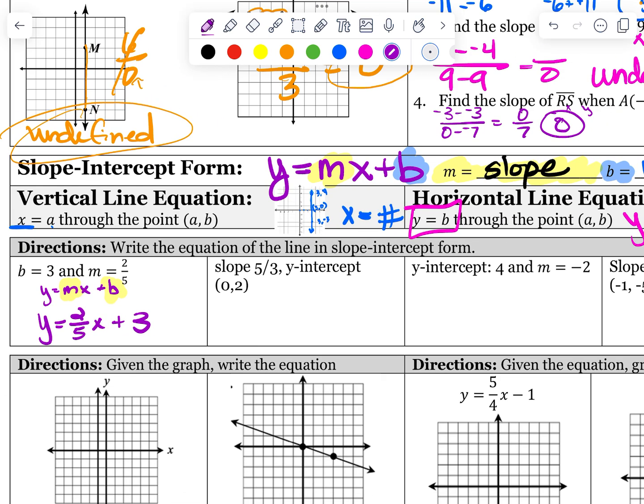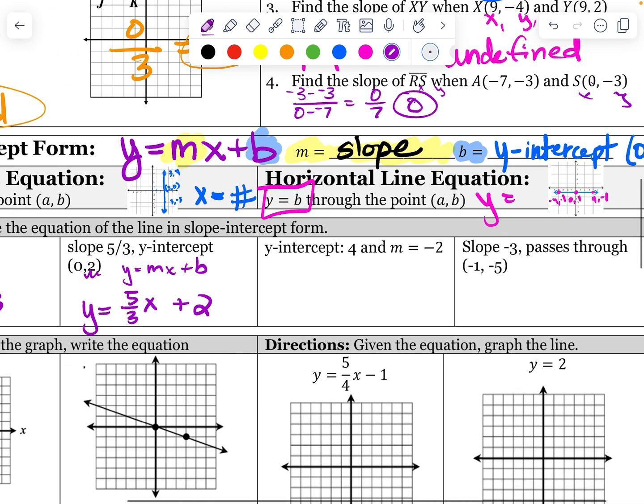My slope is 3/8, so y equals mx plus b. Y equals, m is 5/3 x. My intercept is 0, 2. Y-intercept is 4. Slope is -2. So y equals -2x plus 4.